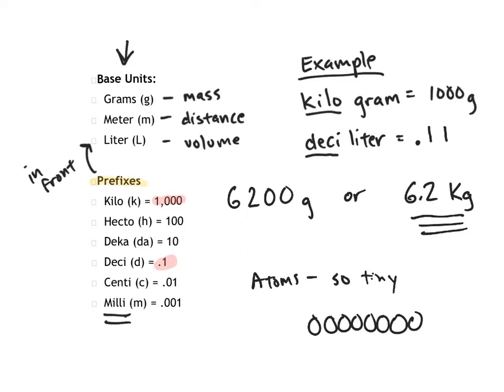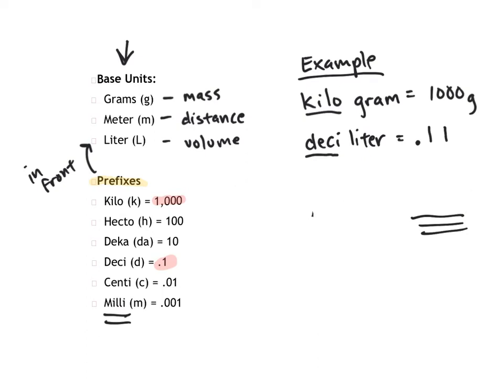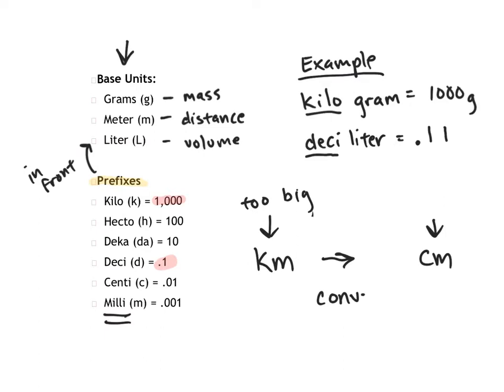So maybe you're doing a problem, and they give you kilometers, but you really need to have it in centimeters. So we're measuring the length of a table. This is too big for that, and we really need this one. We're going to learn how to convert between these two.